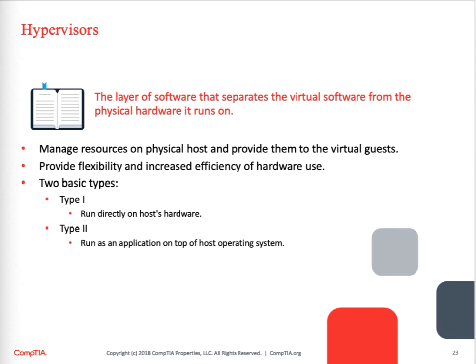There are two different types of hypervisors. There is type 1 and type 2. Type 1 is going to run directly on the host hardware and manage the guest virtual environments that way. And then type 2 is going to run as an application on top of the host operating system, right?